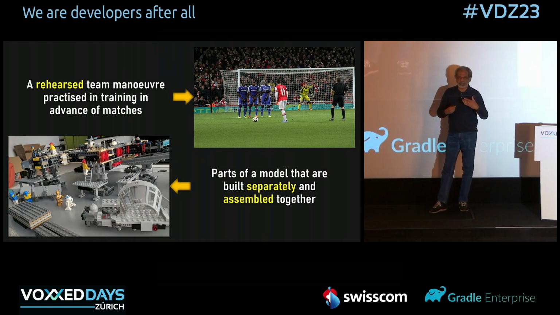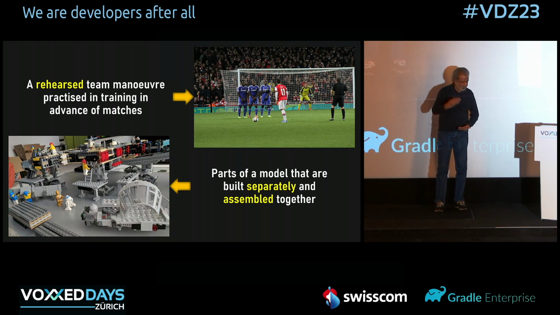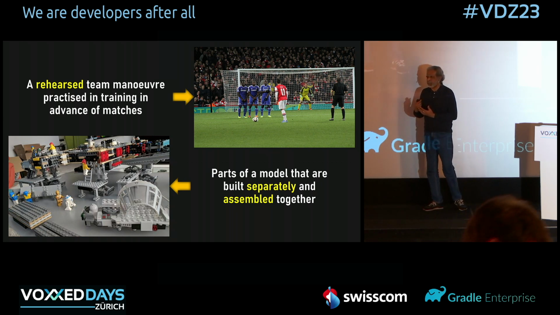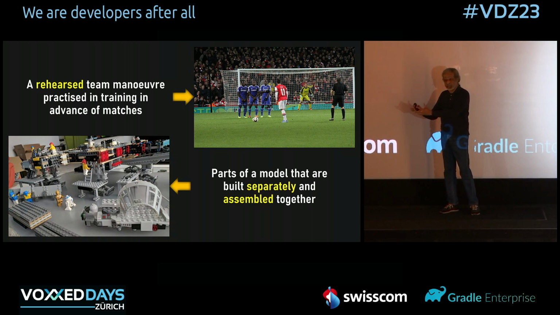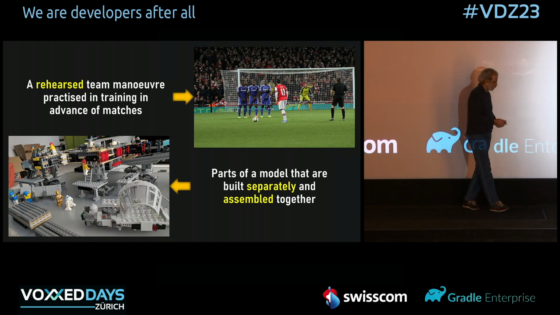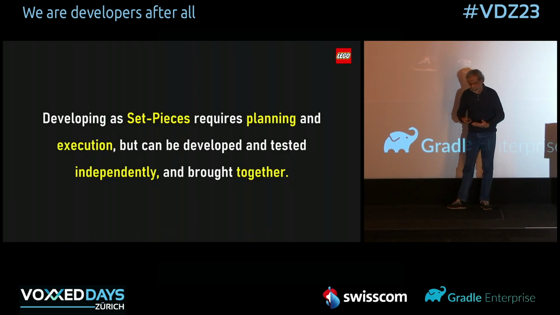There is something called set piece play. A foul happens and they just play it, scoring a goal or whatever. The same you can apply when you build models and toys. You can build in small pieces and bring them together. The same analogy you can apply when you build microservices or break things down.